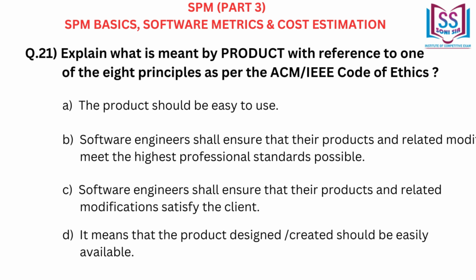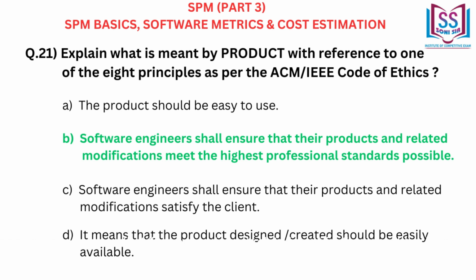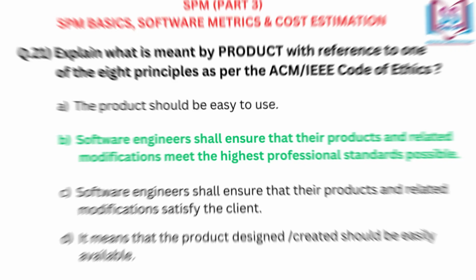C. Software engineers shall ensure that their products and related modifications satisfy the client. D. It means that the product designed should be easily available. Correct answer B. Software engineers shall ensure that their products and related modifications meet the highest professional standards possible.